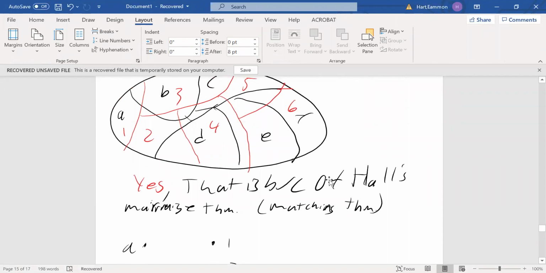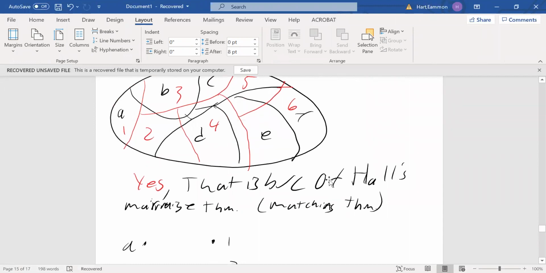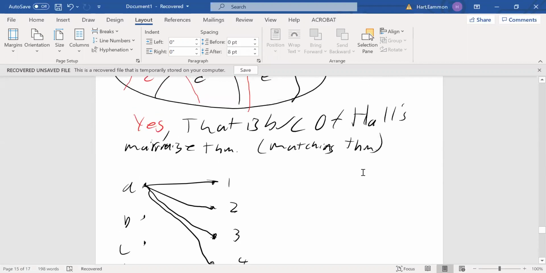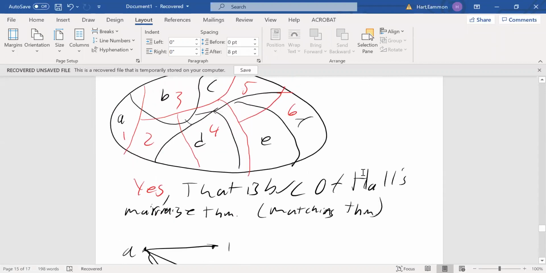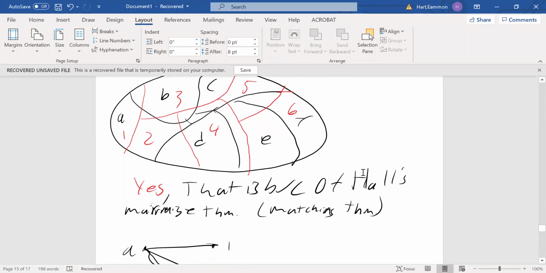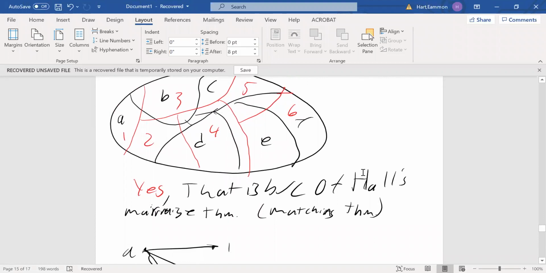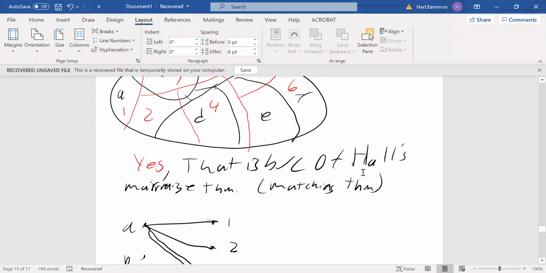So A overlaps with 1, 2, 3, and 4. So that means that tribe A's territory intersects with those first 4 species of tortoise.